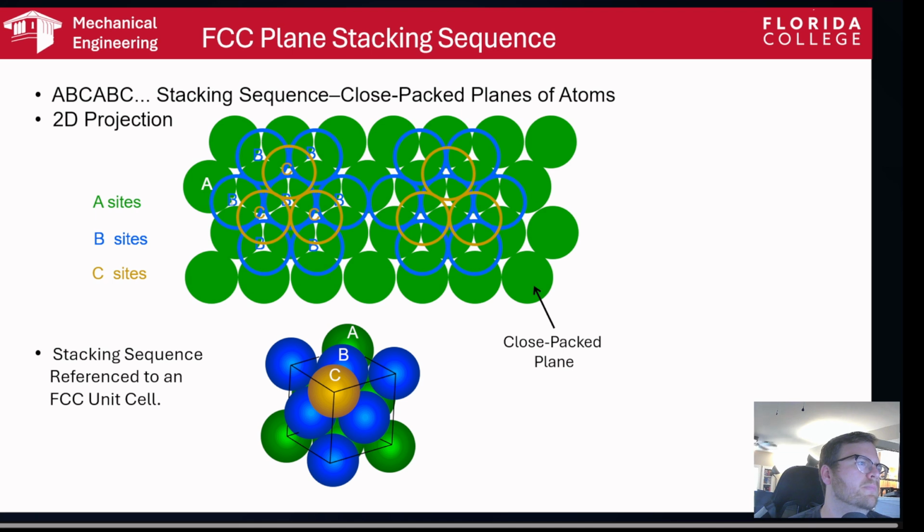Then the middle stack is the B circles, and then the front stack is the C circles. If you were to look at this in terms of your HCP structure, this is what you would get from a three-dimensional view. But you can see that the sequence can be important, right? A sites versus B sites versus C sites.